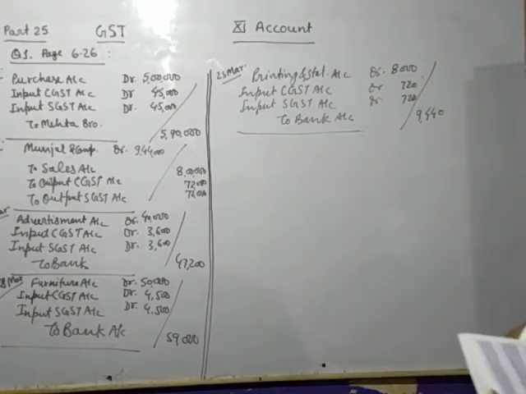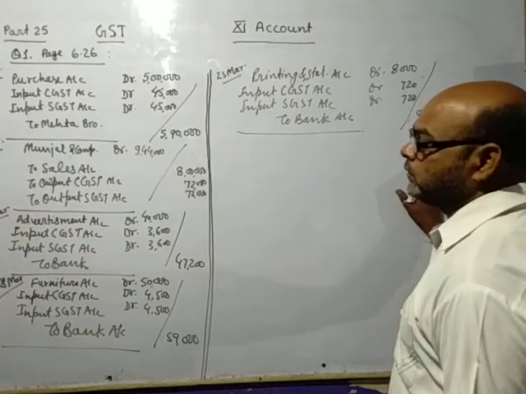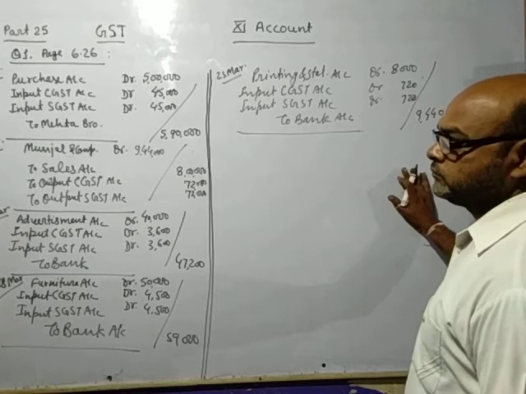Now next point, 31st March, payment made of balance amount of GST. Now means balance GST you pay to government. Now how will you make the adjustment? How will you pay the GST to the government?